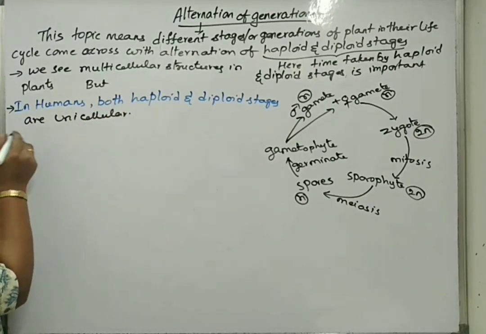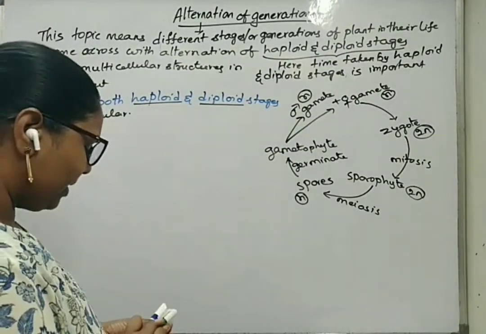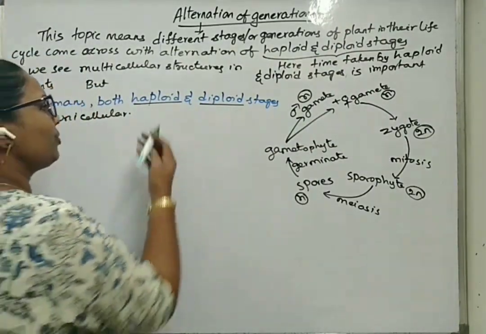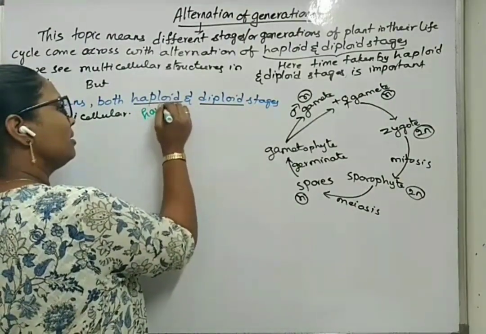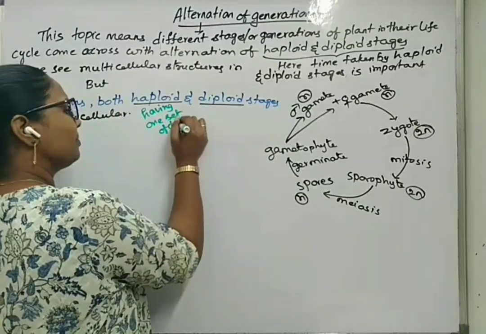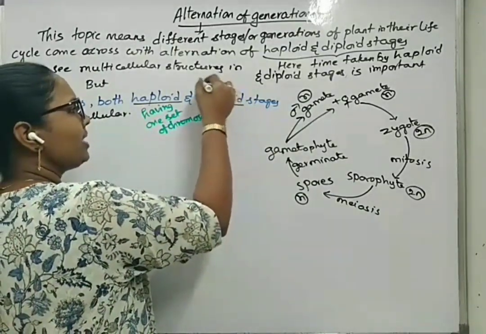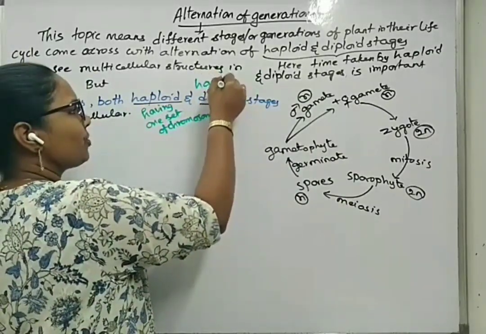So, let us give the meanings of haploid and diploid. Haploid means having only one set of chromosomes. Diploid cells or stages mean having two sets of chromosomes.